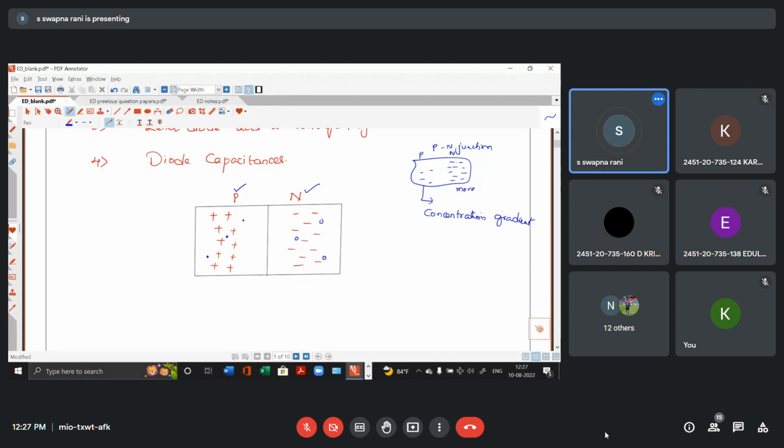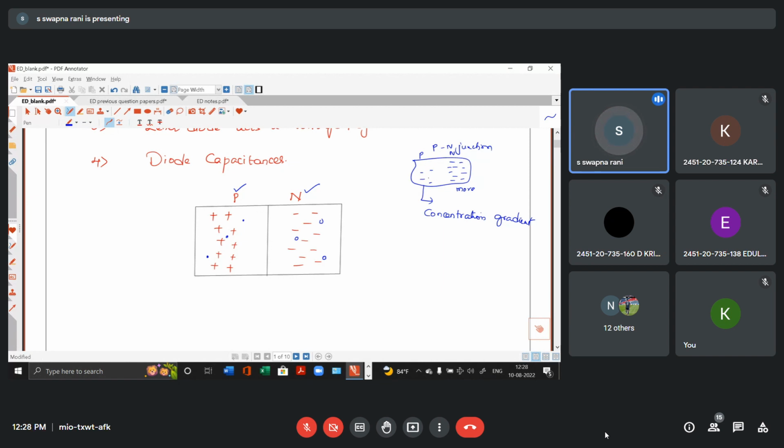I repeat. If you observe the number of holes throughout this PN junction region, holes are more on the P side compared with the N side. So there is a non-uniform distribution of holes.